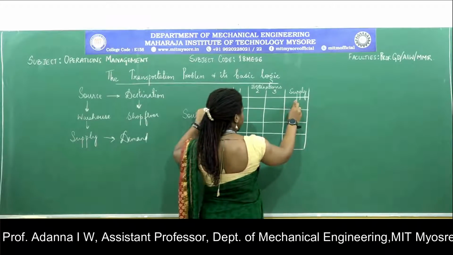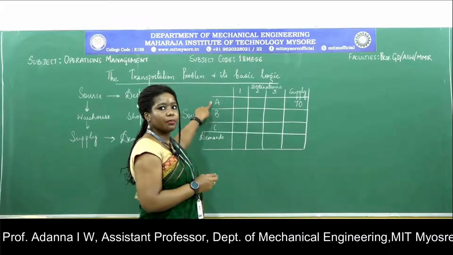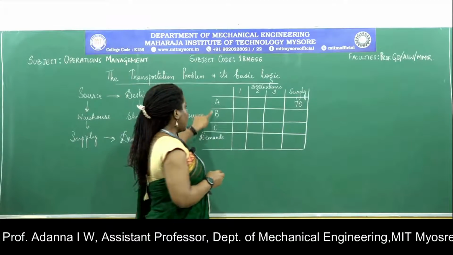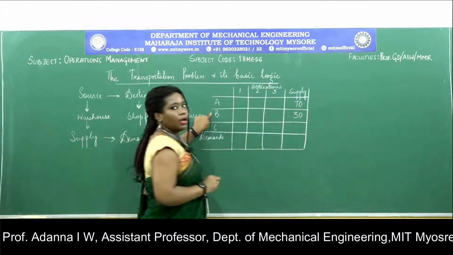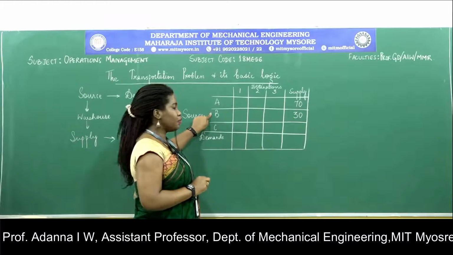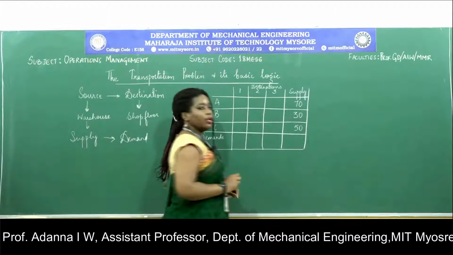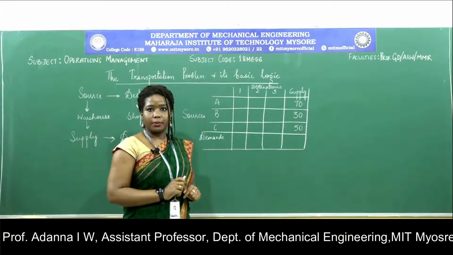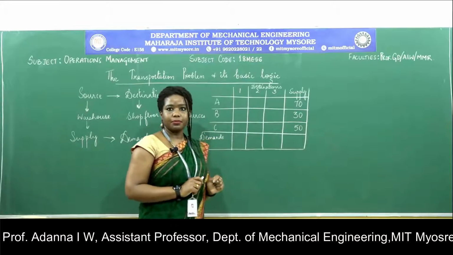At source A, the supply is 70, that means I have 70 units available at source A. At source B, I have 30 units. At source C, I have 50 units. This is the information that is available to you, that at each and every source, this much supply is available.